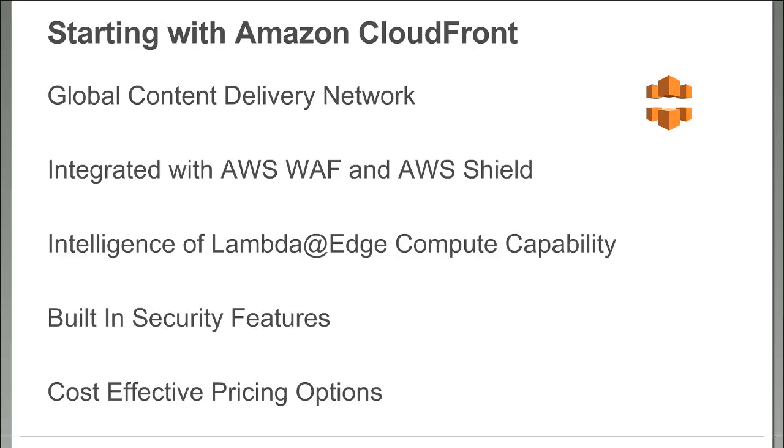It's integrated with AWS WAF and AWS Shield. Integrated truly in the sense that AWS WAF is deployed at each of our edge locations, and that AWS Shield is also deployed at each of our edge locations. So that's a physical deployment and a logical deployment from a hardware and software perspective.